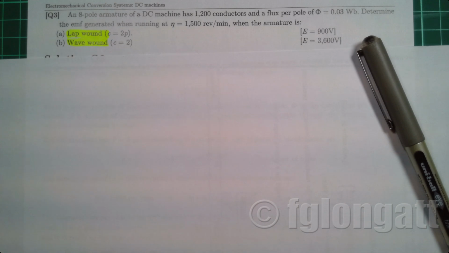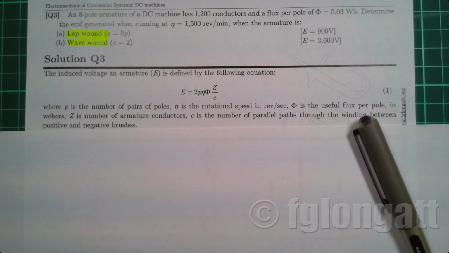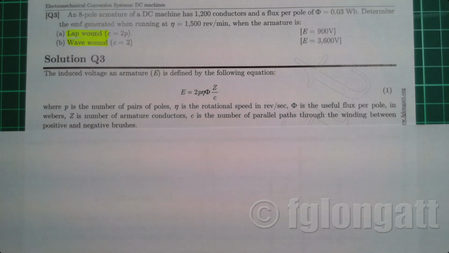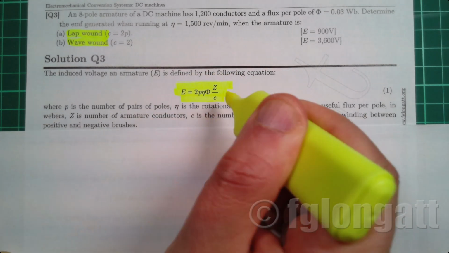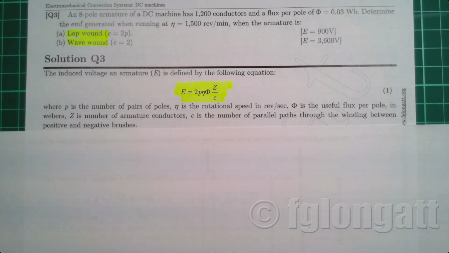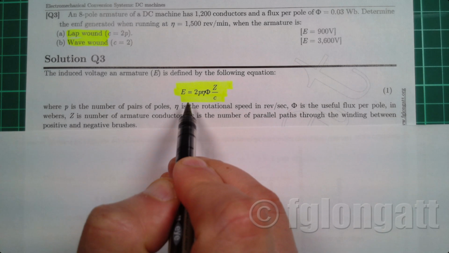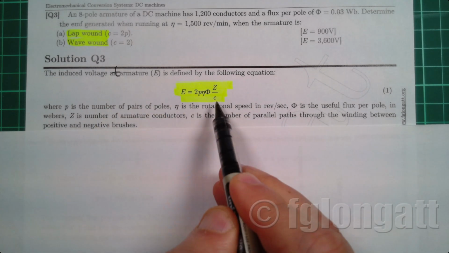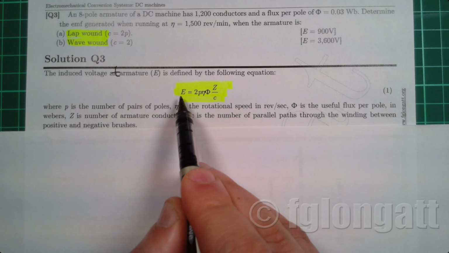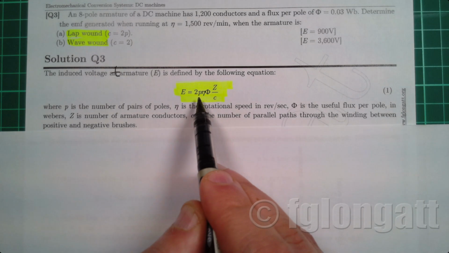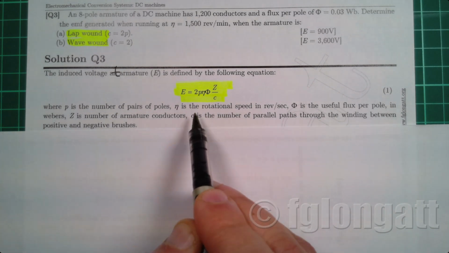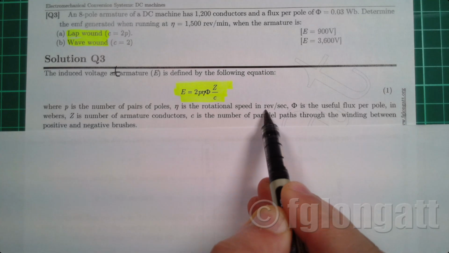So without further delay, let's start. I believe all my students can recognize this beautiful equation. Equation number 1 gives you the calculation of the induced voltage at the armature. The induced voltage in volts depends on P, the pairs of poles, and the rotational speed defined in revolutions per second.